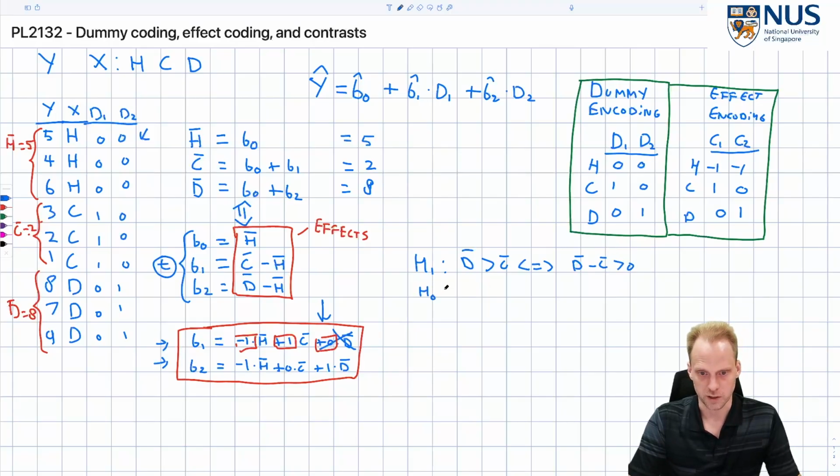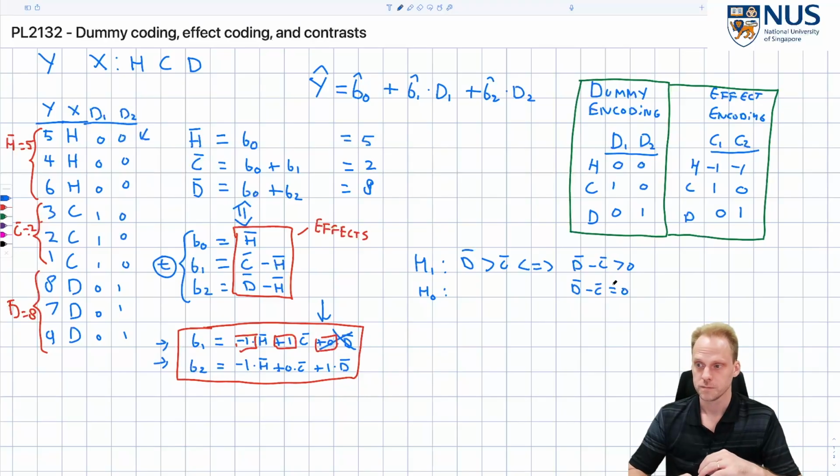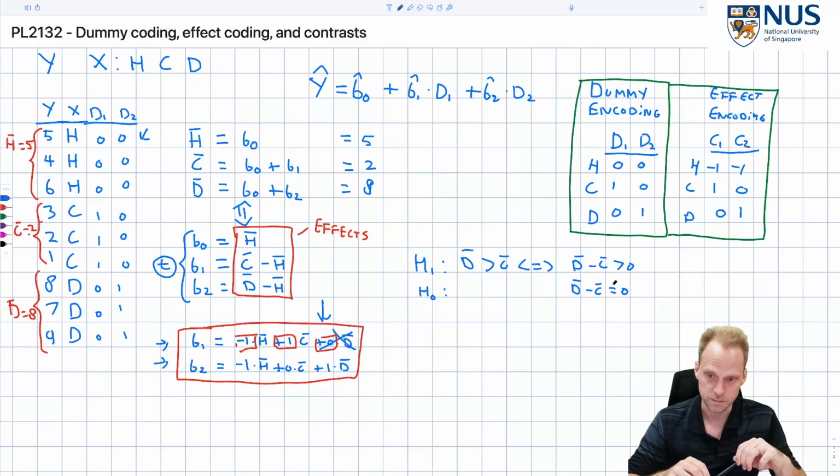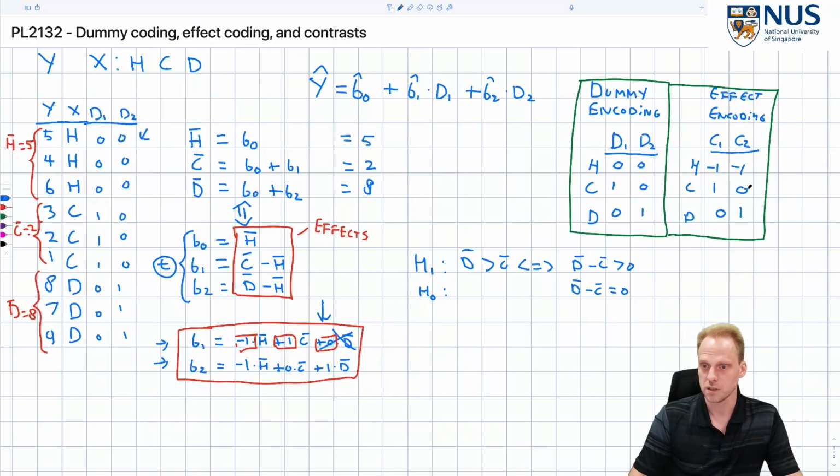That means there's an associated null hypothesis, which says the mean of dogs minus the mean of cats equals 0. Now, this is not an effect that I had in my original dummy encoding, right? Because I have only the difference between hamsters and cats and the difference between hamsters and dogs, not the difference between dogs and cats.